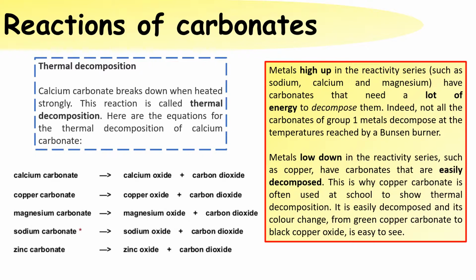This is why copper carbonate is often used at schools to show thermal decomposition. It is easily decomposed and shows a colour change going from green copper carbonate to black copper oxide, and gives off carbon dioxide, which can be seen when passing gas through lime water.